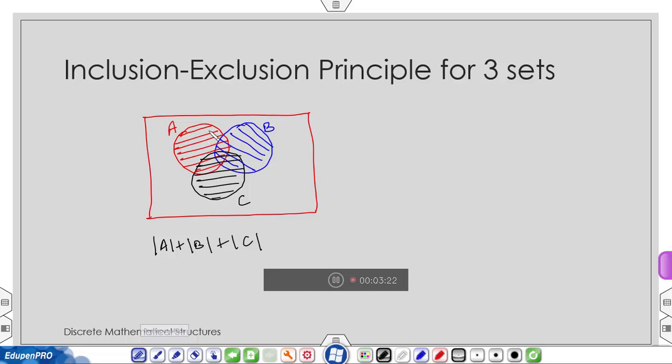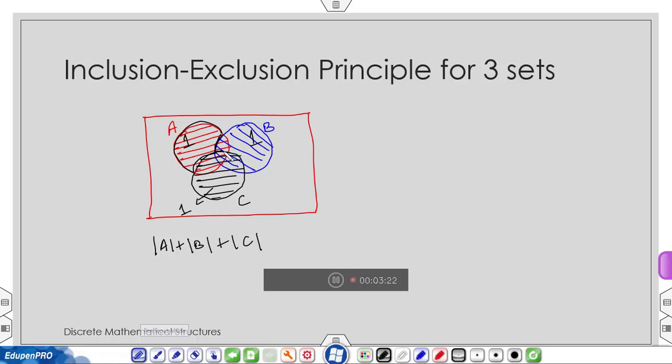Now if you see this part outside the intersection, this part is included once. Similarly, this part is included once and this part is included once.